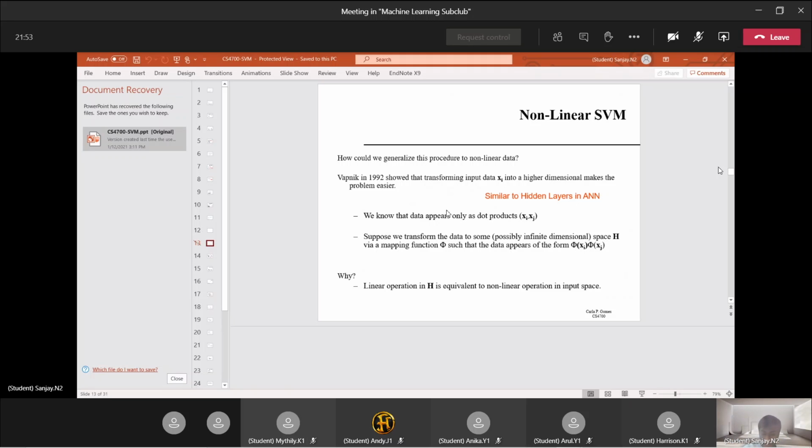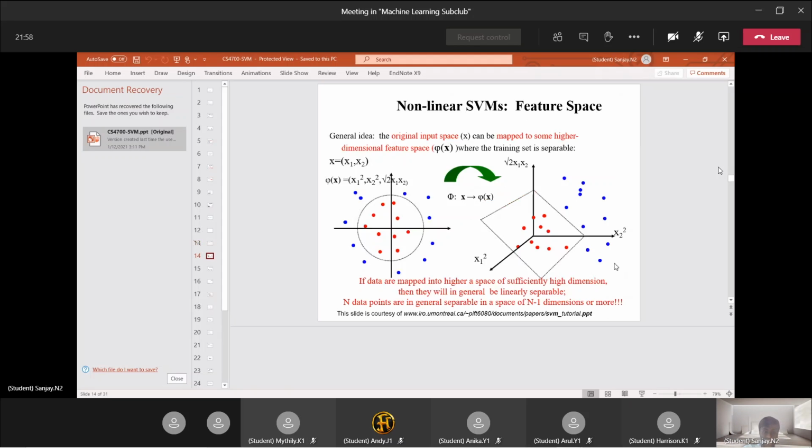So they did some complex math and transformed data from whatever lower dimension it was to the higher dimension. It allows you to take data from the original feature space that you're working in and shift it to a new feature space, a space of sufficiently high dimension.